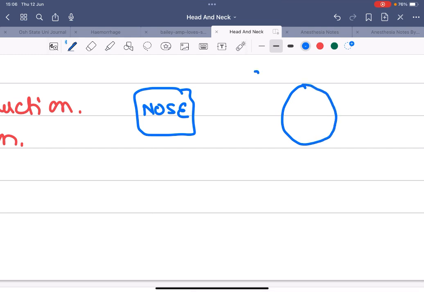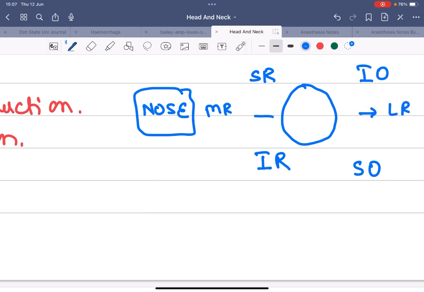Here you will write inferior rectus. Write here inferior oblique. Write here superior oblique. Okay. Here it will be the medial rectus. Here it will be your lateral rectus. Now see here. These are the directions.